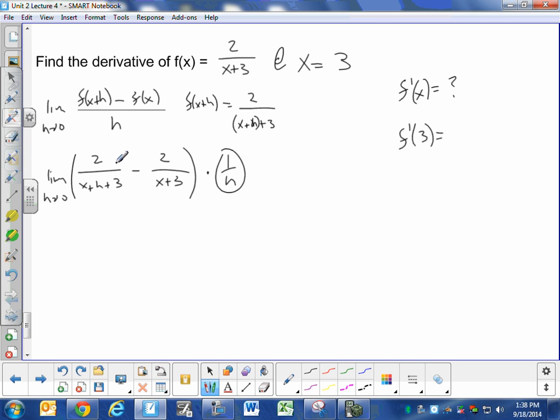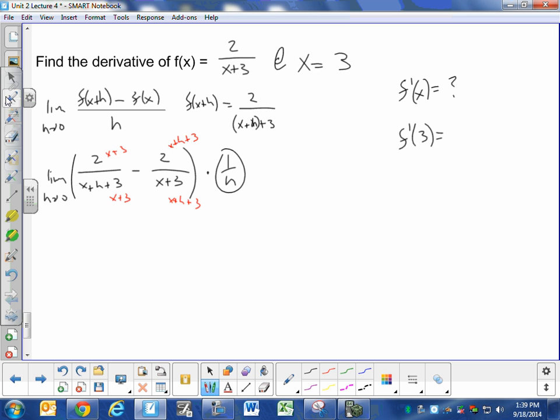Now, you would hope that you could just multiply this by h, but you can't. And you can't even just add h to this. That would just change things. Instead, you do need to multiply both of these by the other's denominator. So I have to multiply this guy by x plus 3. I need to multiply this guy by x plus h plus 3.